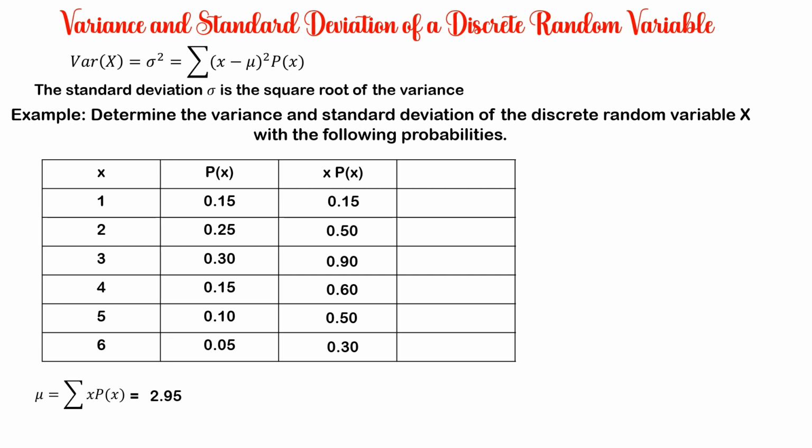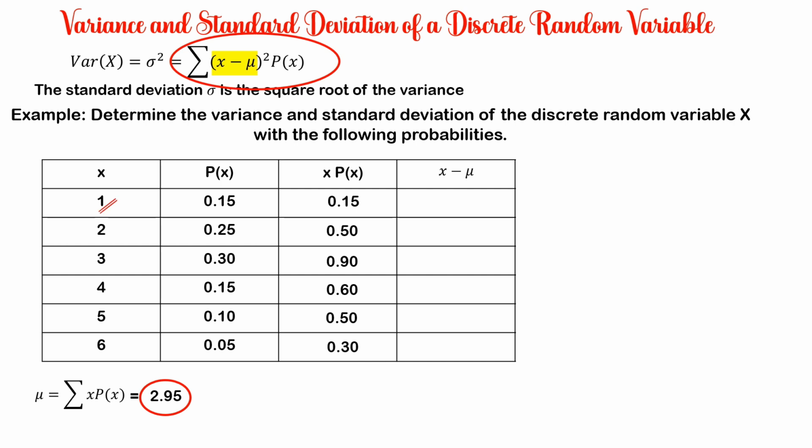And in that case, we are now ready to solve the variance by, of course, solving each element present in the formula. First, we have x minus mean. This is the reason why we first solve the mean of the discrete random variable. So we have 2.95.